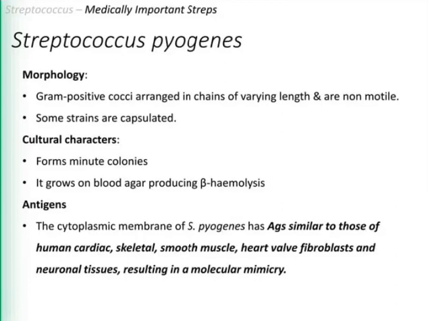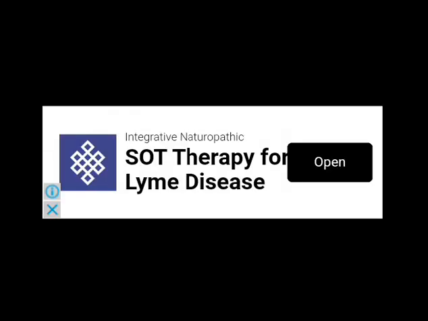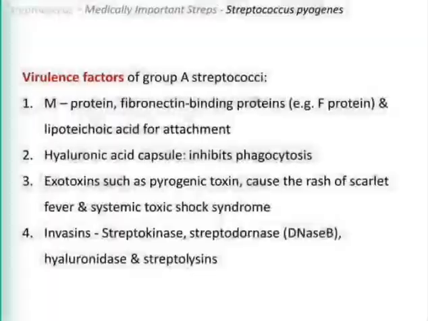Antigens: the cytoplasmic membrane has antigens similar to those of the human cardiac, skeletal, and smooth muscle, heart valve fibroblasts and neuronal tissue, resulting in molecular mimicry. Virulence factors of group A streptococci: M protein, fibronectin binding protein and lipoteichoic acid for attachment.